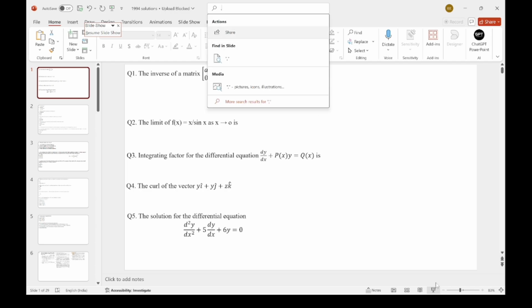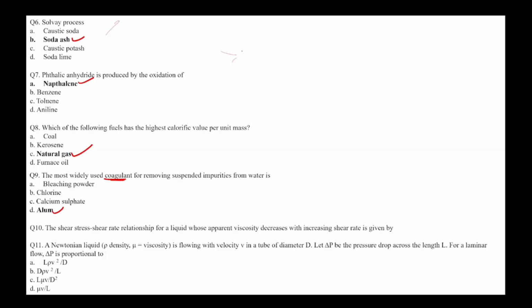Okay, so we know that tau is equal to mu times (du by dy) to the power n for a non-Newtonian fluid.